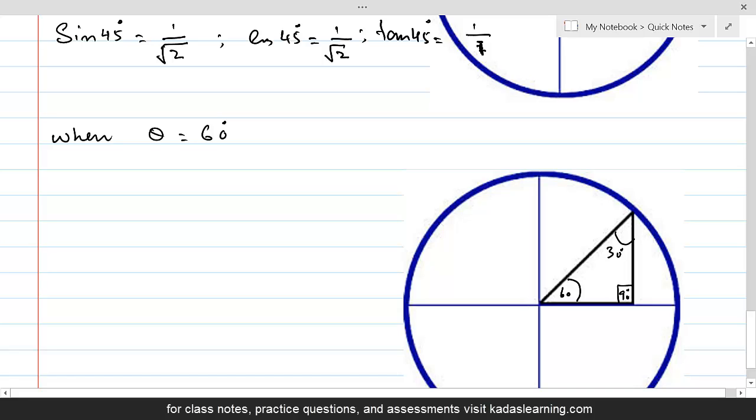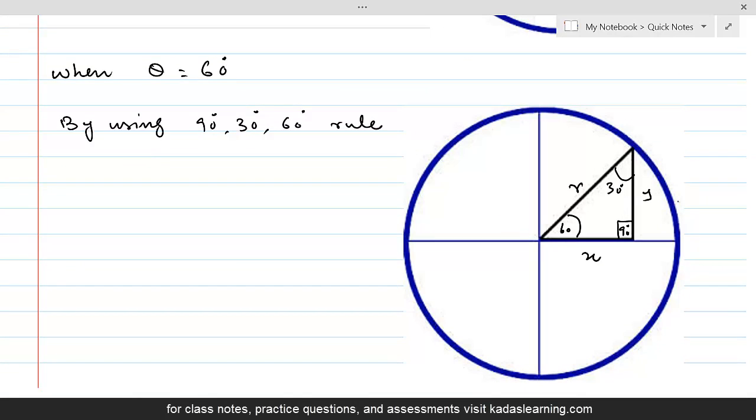If this is R, this is Y, this is X, by using the 90 degree, 30 degree, 60 degree rule, if this is R, then Y would be equal to under root 3 times R by 2 and X would be R by 2.